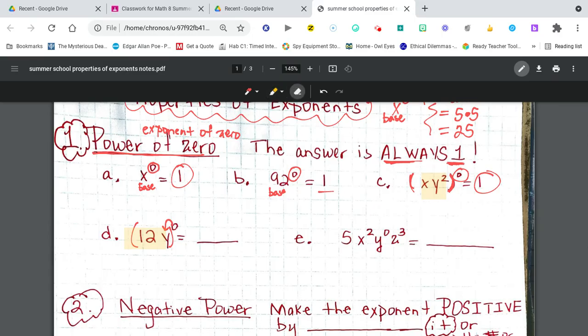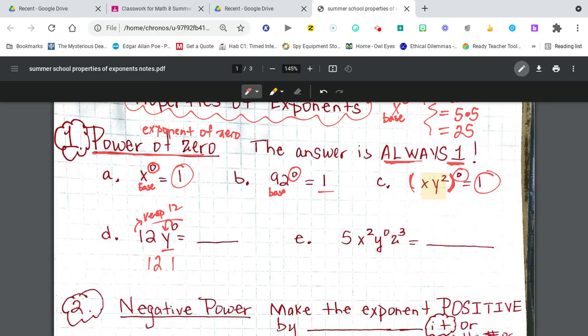Okay, but it's not in parentheses, so the 0 doesn't apply to the whole thing. The 0 only applies to the y. So in this particular case, only the y will change to a 1. So you've got to keep the 12. Okay, keep 12, but the y changes to a 1.